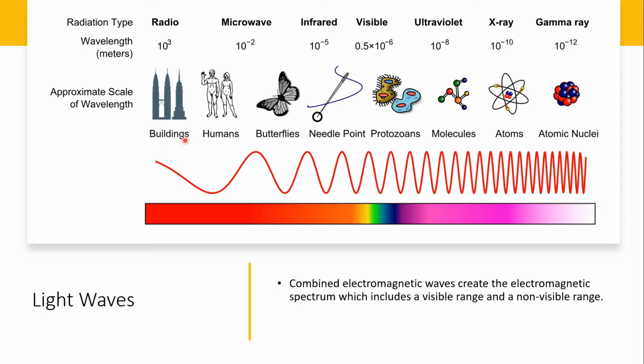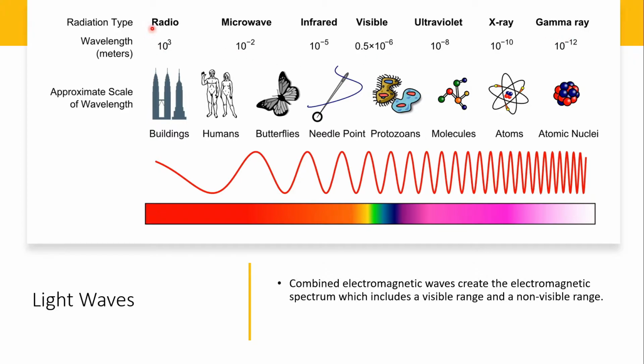And that's what you see on your X-rays. On the other hand, you've got gamma radiation, and that's, I believe, at some point used to kill cancer cells or whatnot, right? But more importantly, what you see here is the wavelength scale, right?